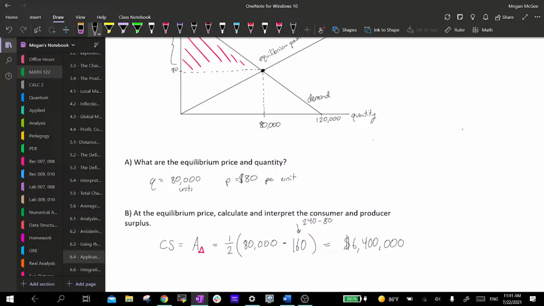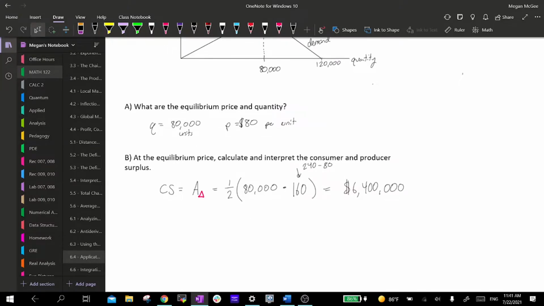Okay, so we were also asked to interpret this. So what does the consumer surplus mean? So this tells us that consumers, and obviously it's not a singular consumer gaining $6 million, right? It's consumers as a whole.